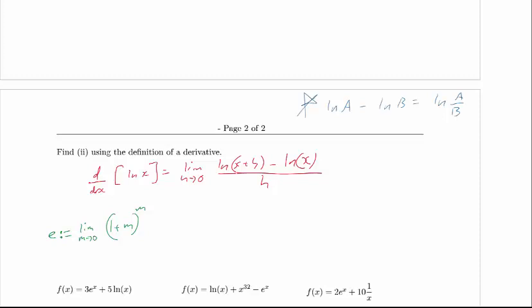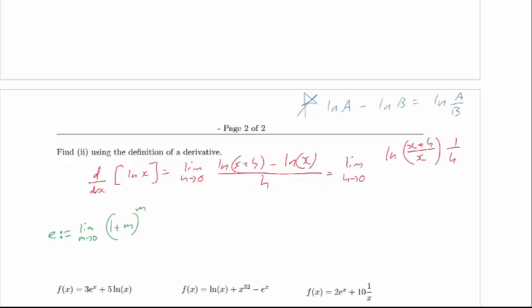It is very useful. All right, so we're going to go ahead and use that one. So we're going to say the limit as h goes to 0 of the natural log of x plus h divided by x. And this is all, well, I could put it over h. We're going to write it over here, 1 over h. Just to capture that value there.